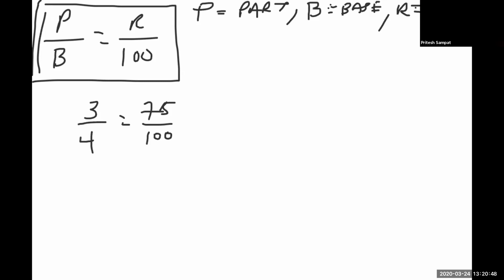So in verbal terms, if we were to translate this, and this is also in your textbook, page 228: 3 is 75% of 4.